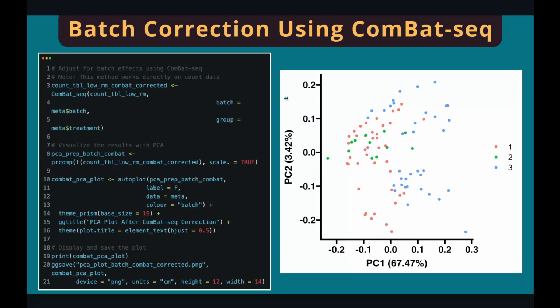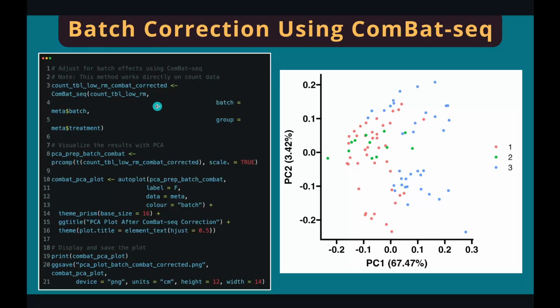I'll show you 4 different ways to remove the batch effects. Let's start with ComBat-seq from the sva package. So we're going to use the ComBat_seq function. This function accepts 3 inputs: the expression matrix, the batch information from the sample information table, and the treatment information.